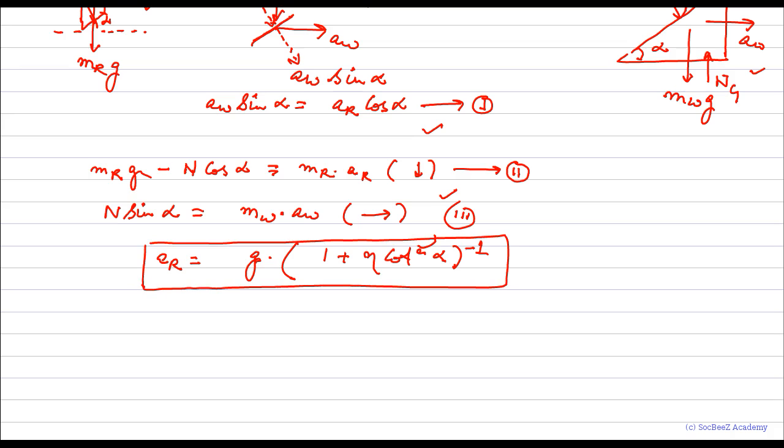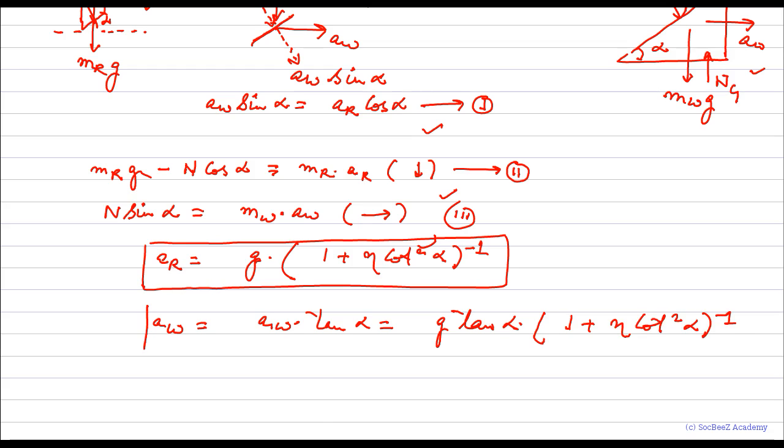So this is my vertical acceleration of the rod, and my acceleration of the wedge is going to be equal to a_w into tan of alpha, which is going to be g tan of alpha into (1 plus eta cot square alpha) inverse.